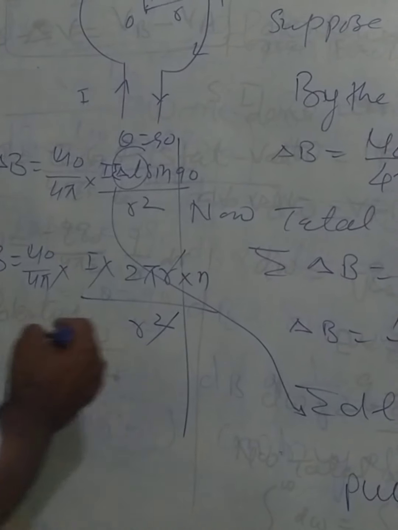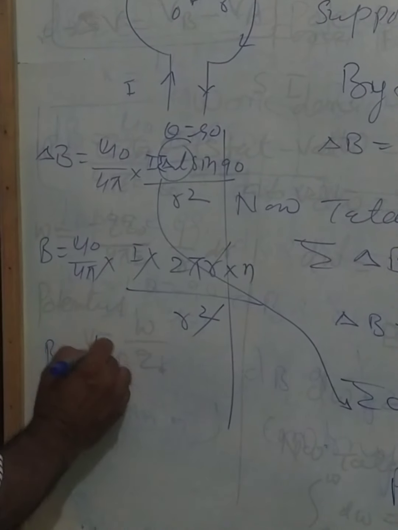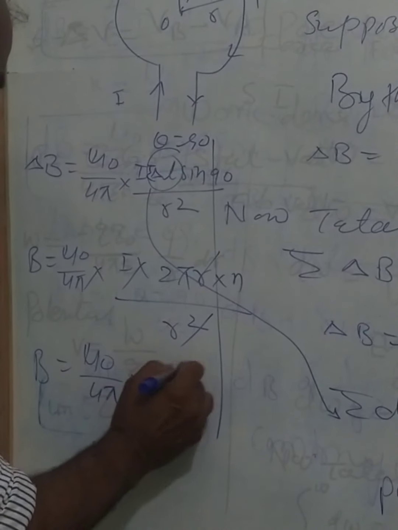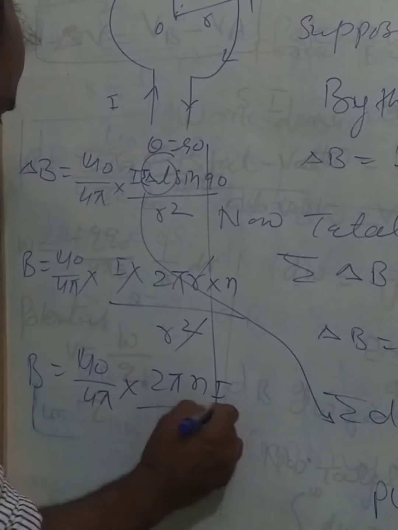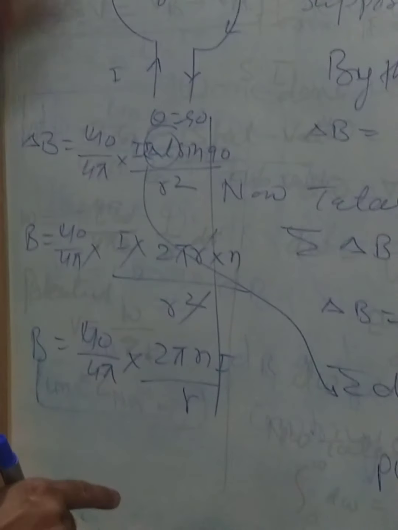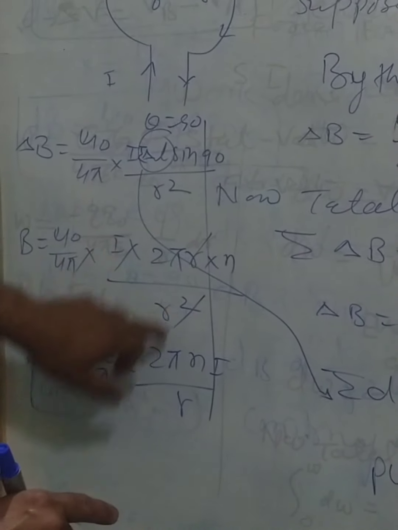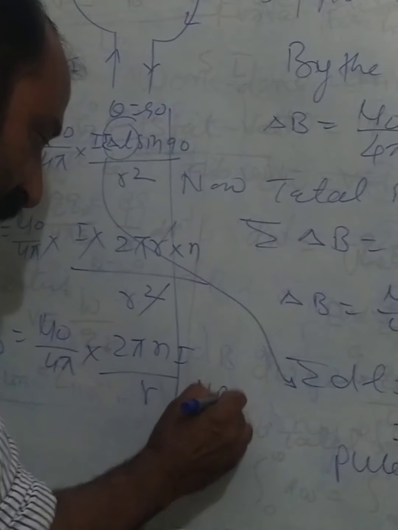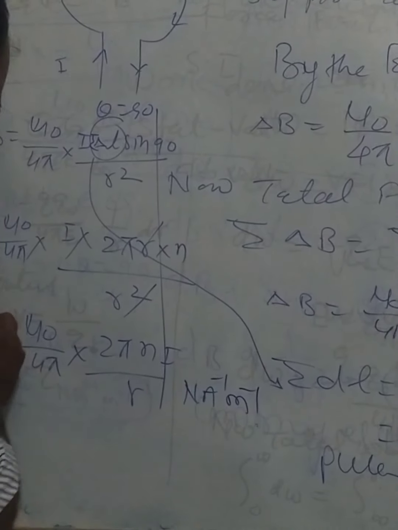One r is cancelled, so B is equal to mu naught upon 4 pi into 2 pi n I upon r. The unit is Newton per ampere meter, that is tesla.